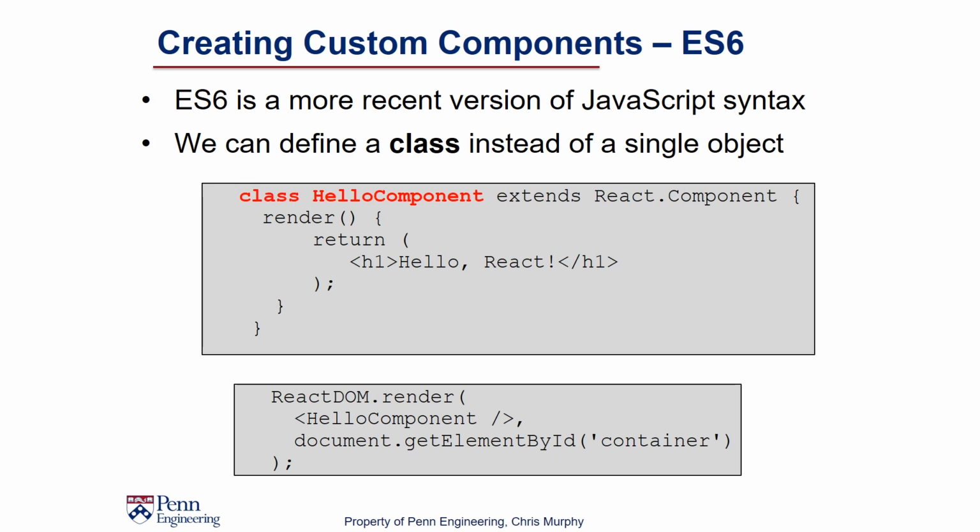Rather than creating a variable called hello component, we'll create a class. This class will extend the React.component base class. Here we're defining the render function in our class, which looks the same as it did before, and will be invoked when we drop this component into the HTML.